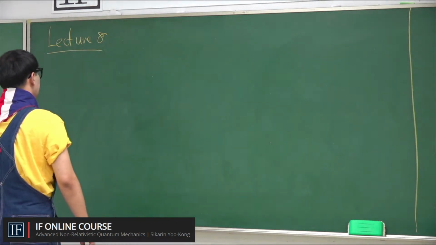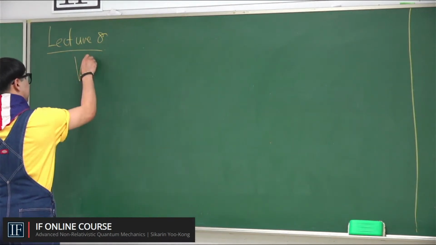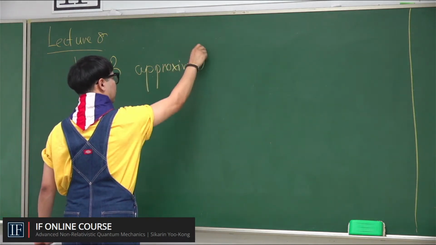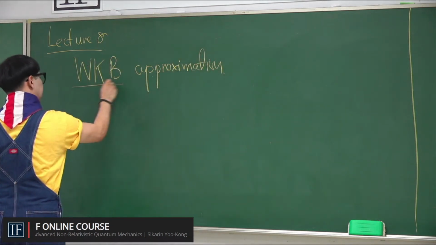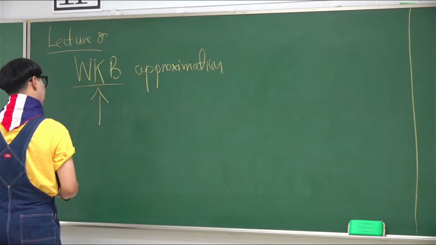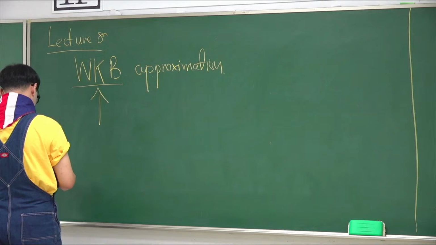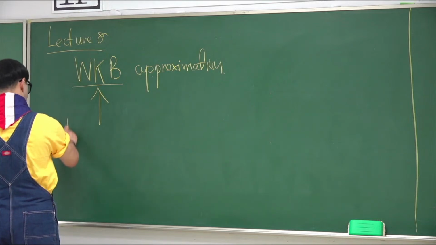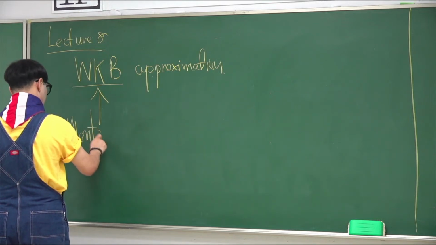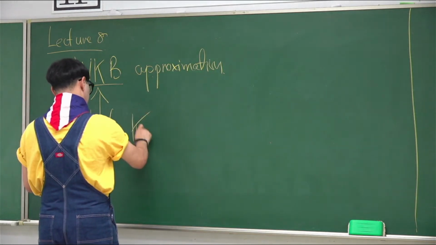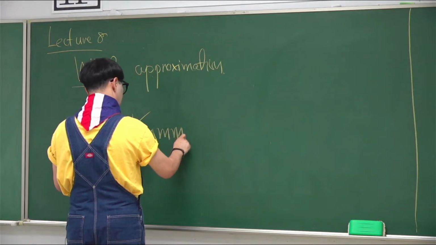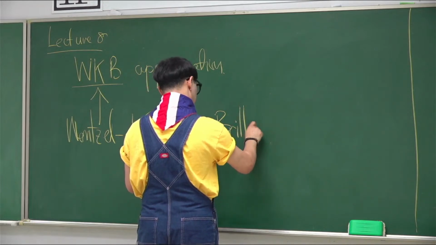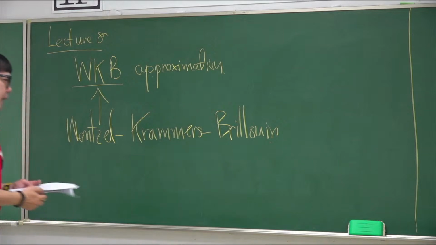Okay, today we're going to talk about the WKB approximation, which is three letters standing for the names of these three people.